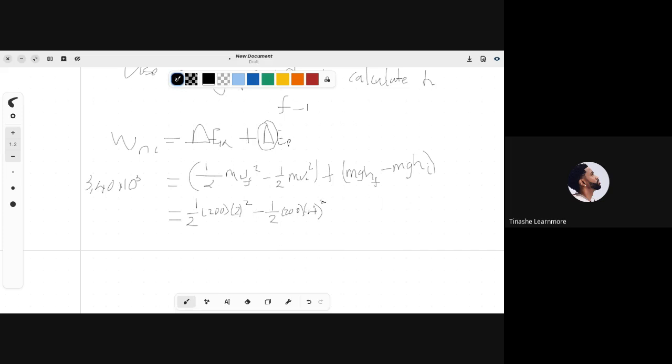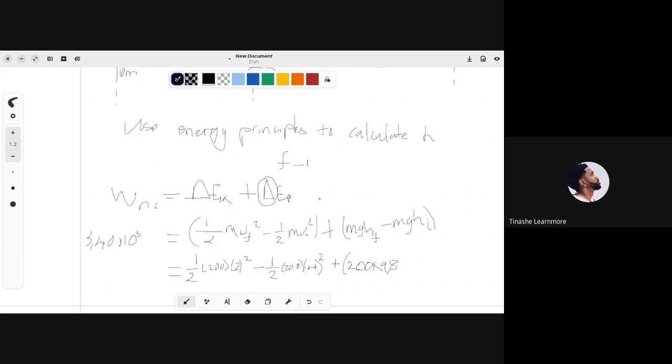Square, plus. Then here we have the mass of still 200, so I'm going to plug in the 200. Gravitational acceleration 9.8.